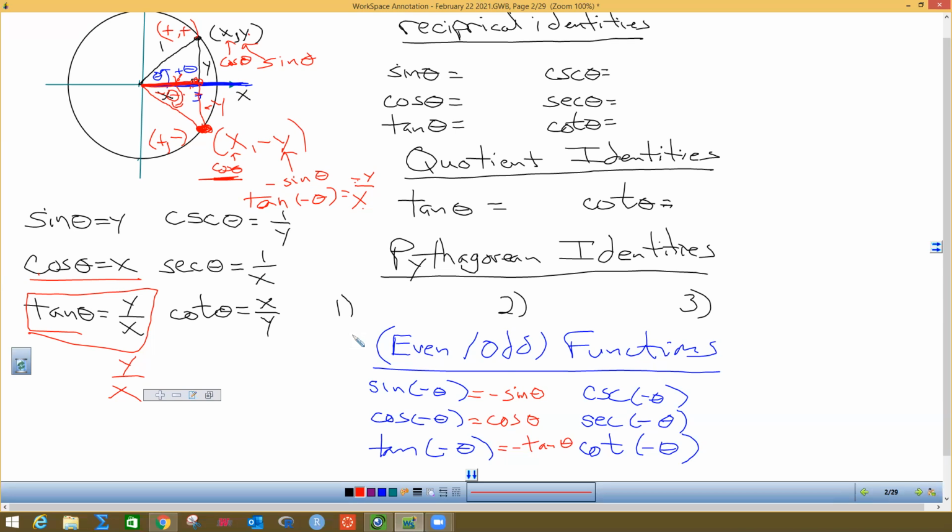So because sine is negative here at negative theta, cosecant would be negative because it's just flipping this negative upside down. And since cosine is positive, secant would be positive because you're just flipping the positive upside down. And since tangent is negative, cotangent will be negative.